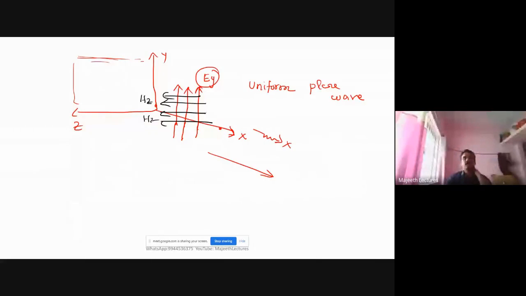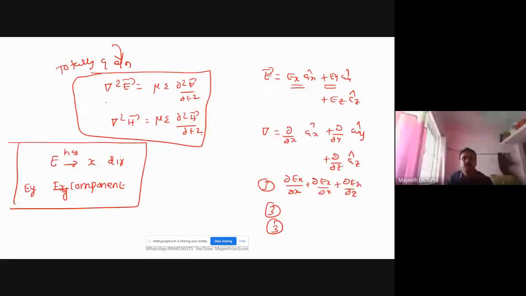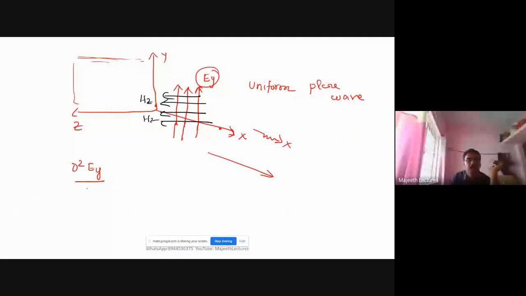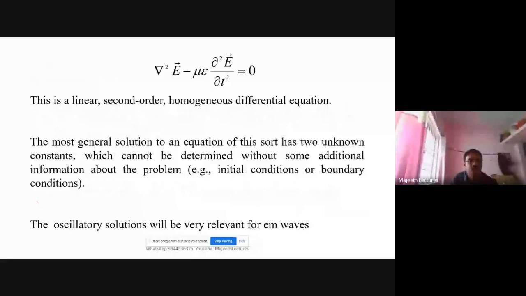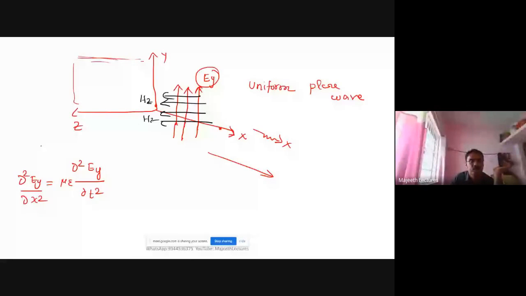Because we cannot solve 9 equations, to convert into a single equation, I assume electric field has only Y component and it is propagating in the X direction. So the equation becomes dou squared Ey by dou t squared times mu epsilon on the right, and on the left dou squared Ey by dou x squared.